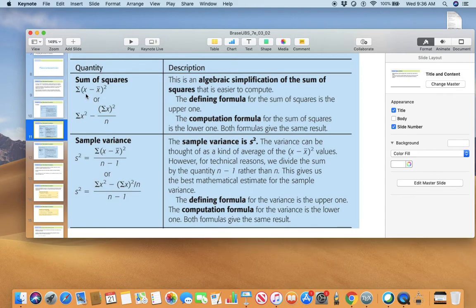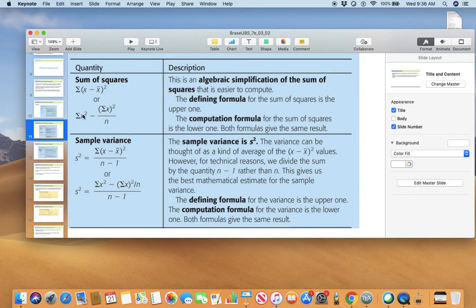Now, here is the alternative. This expression is actually the same as the sum of squares, and it is easier to calculate. What is this? Sum of x squared: take each x, square it, and add. Subtract a fraction whose denominator is n, the number of values, and whose numerator is the square of the sum. Note the parentheses: first add all the x's and then square.